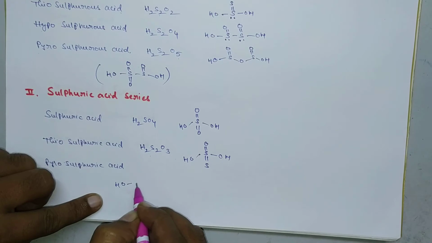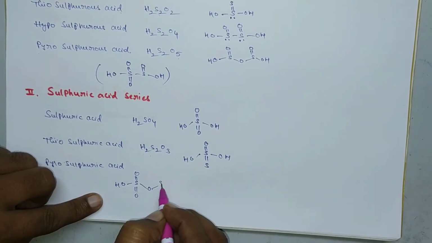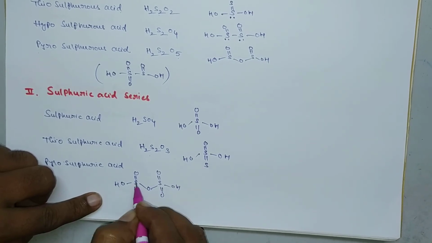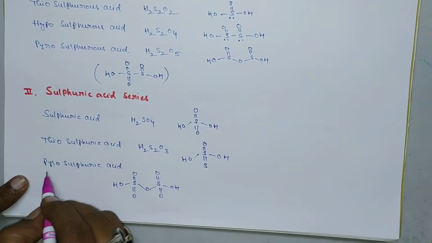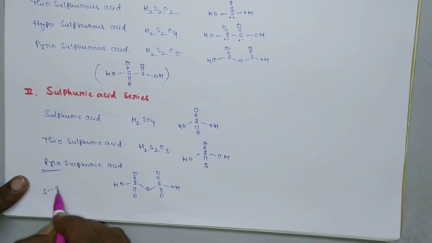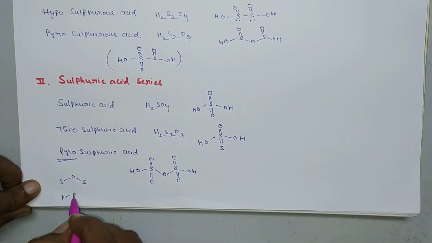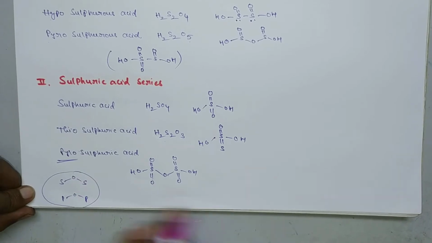So here it is S double bond O, S, like this. It is an SOS linkage. In case of pyro molecules, there should be an SOS linkage. In case of pyrophosphorus acids, there should be a POP bond. Okay, you have to remember this one.